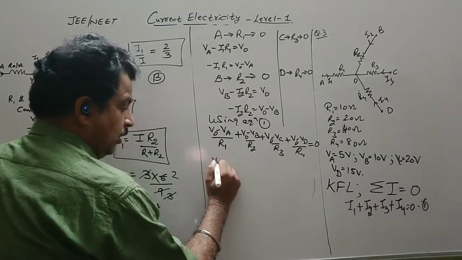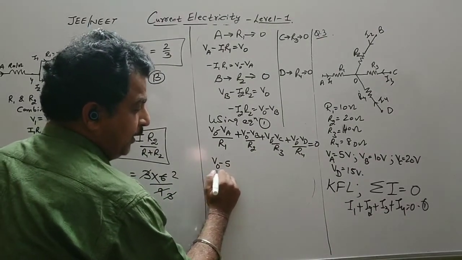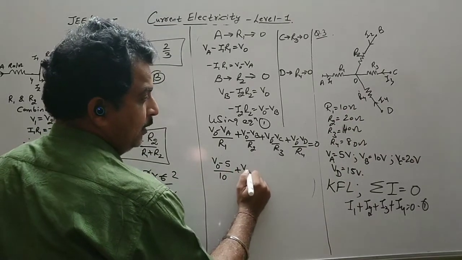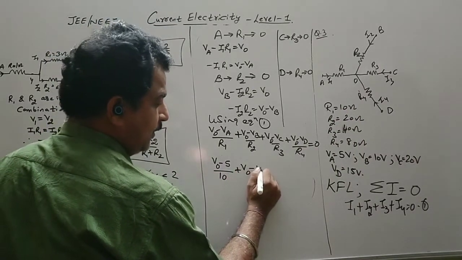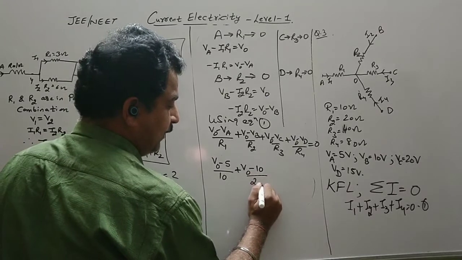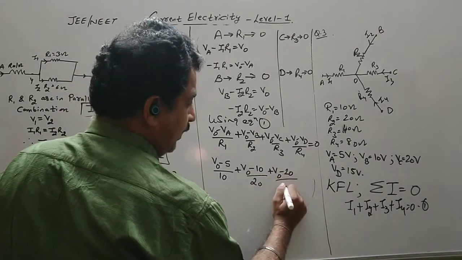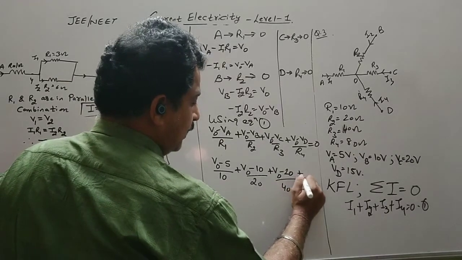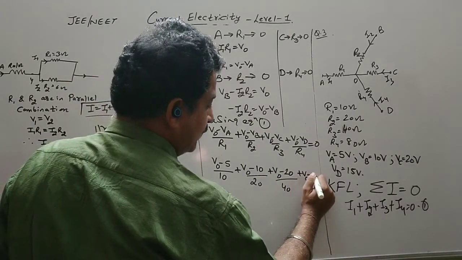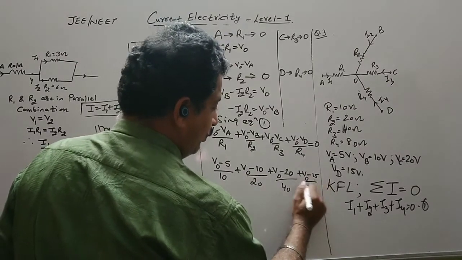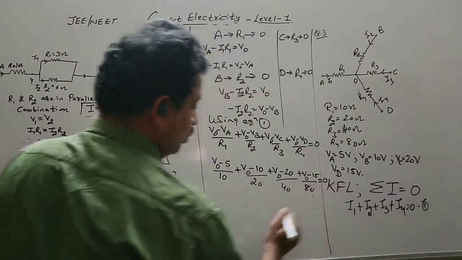So let us substitute these values. It becomes V0 minus 5 upon 10, plus V0 minus 10 upon 20, plus V0 minus 20 divided by 40, plus V0 minus 15 upon 80, is equal to 0.